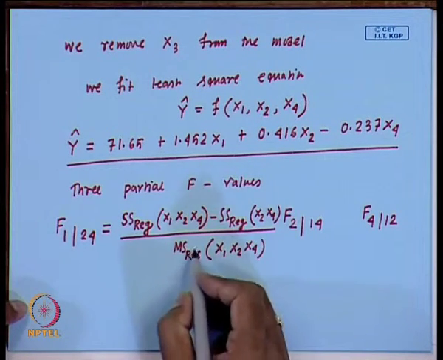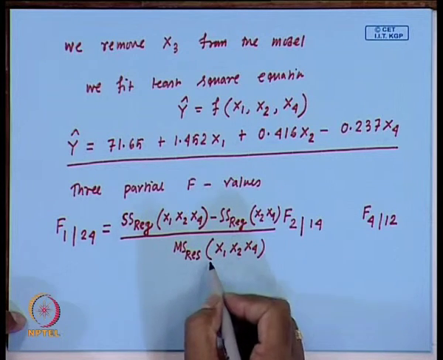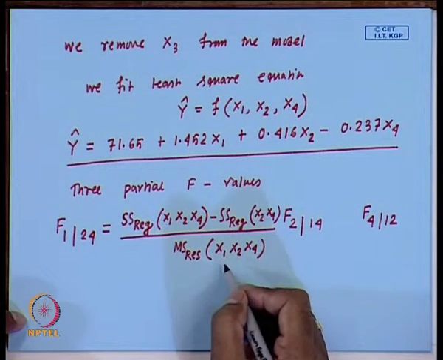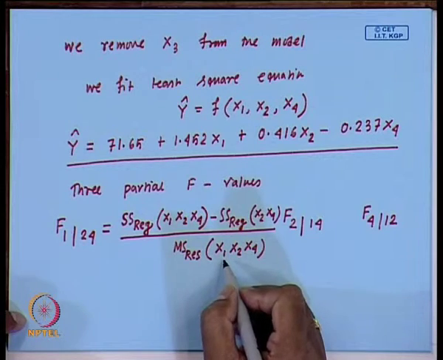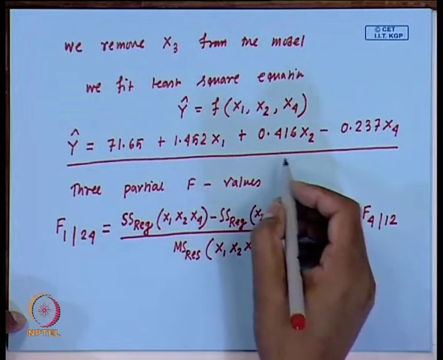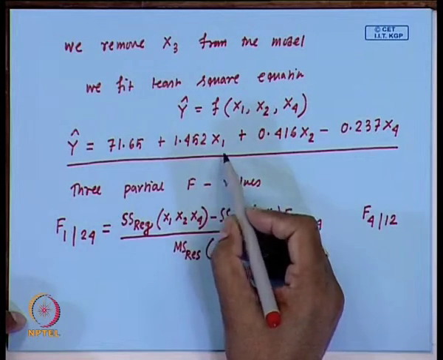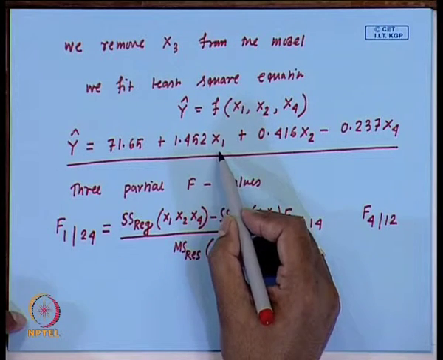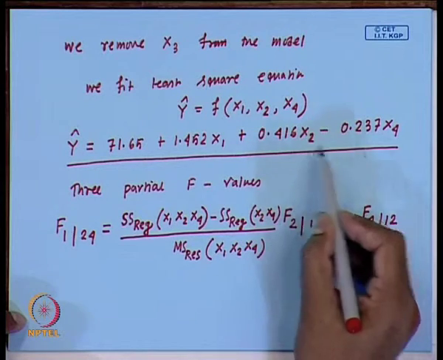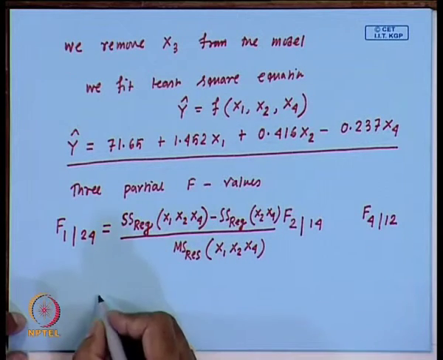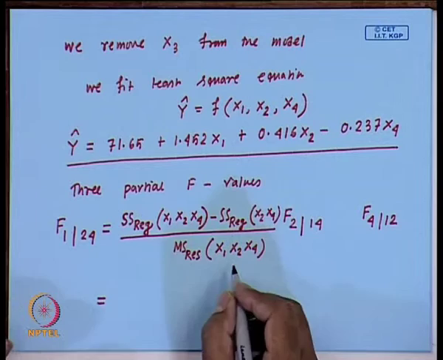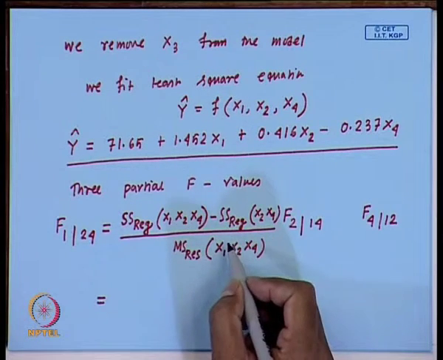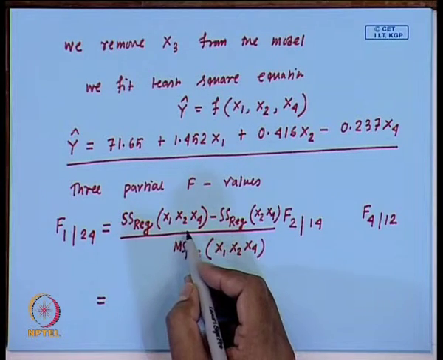So, see now this MS residual is not anymore for the full model. At this moment our full model is involving 3 regressors x 1, x 2 and x 4, right.